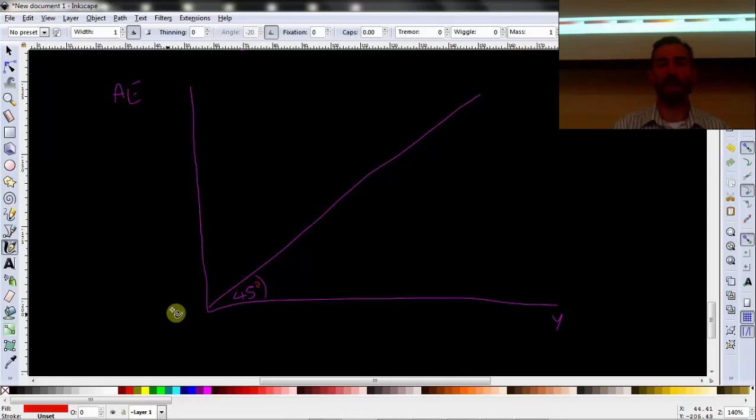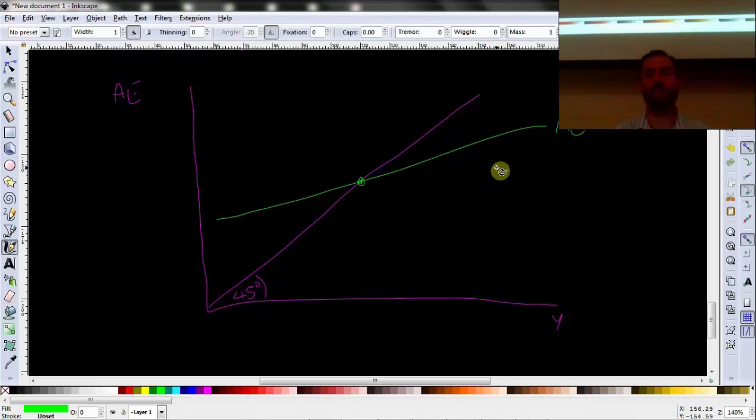And we have an actual aggregate expenditure function. So this is aggregate expenditure. We have some point of equilibrium. And our aggregate expenditure is equal to C plus I plus G plus X minus M. And what I'm going to do is I'm going to change government spending.